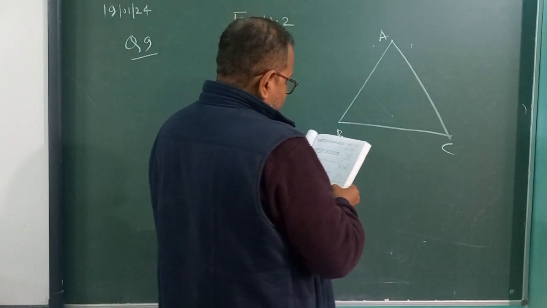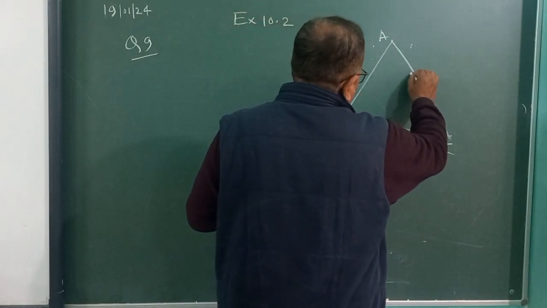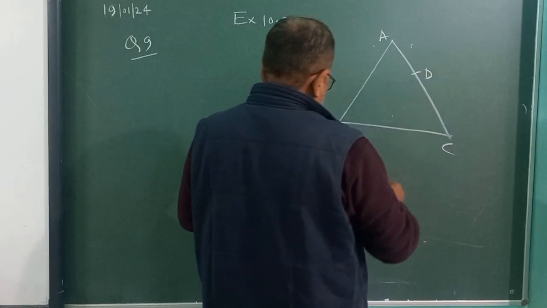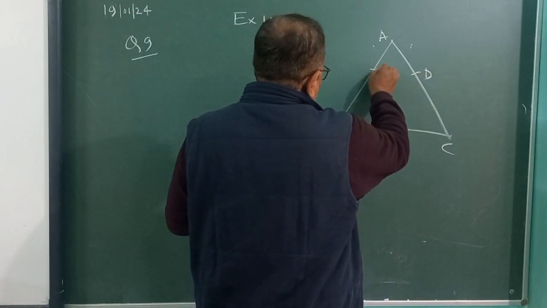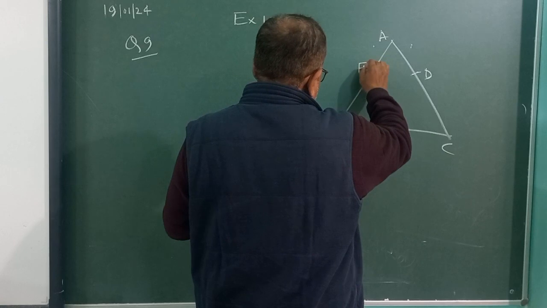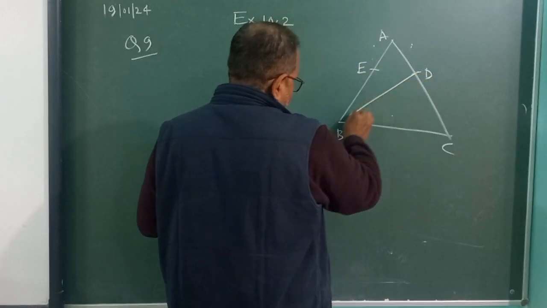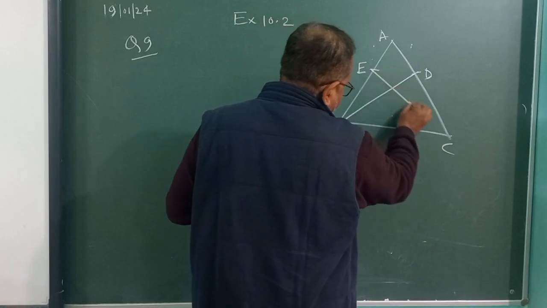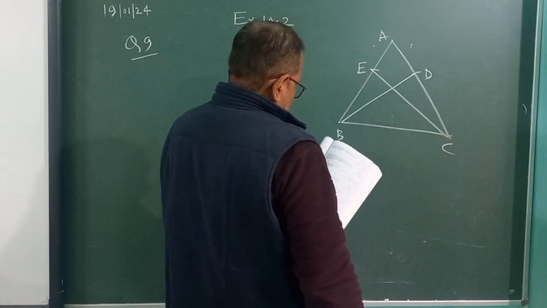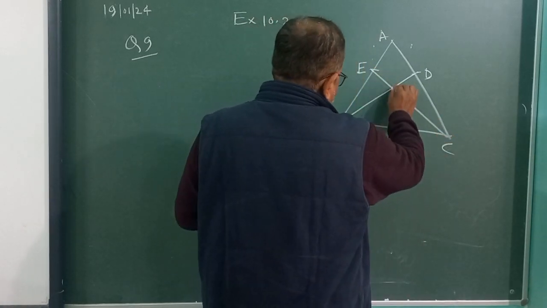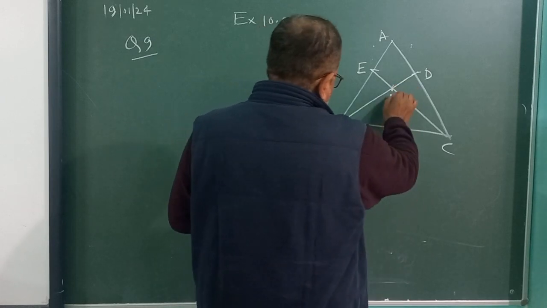D and E are two points. D is a point on AC. E is a point on AB. Join B to D and E to C. They intersect at the point O.